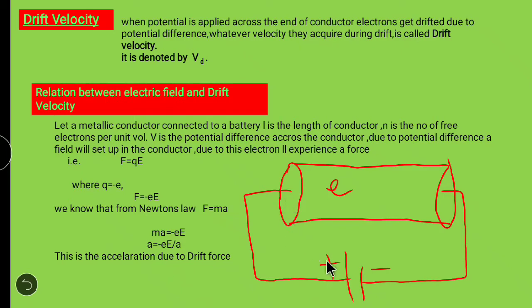Students, whenever we attach it through a battery, an electric field will be established inside the conductor, and the direction of the electric field will be positive to negative. This will be the direction of the electric field inside the conductor.